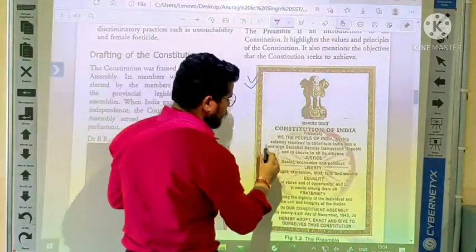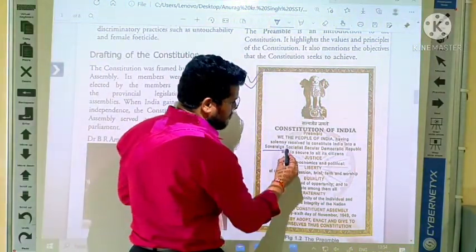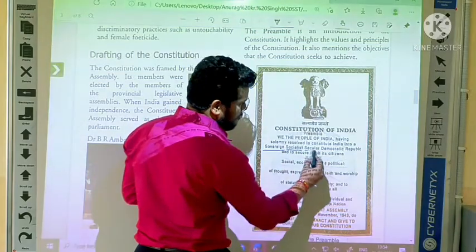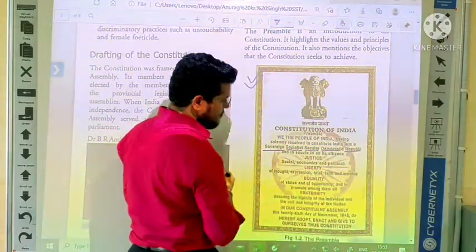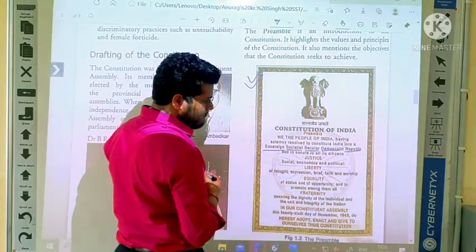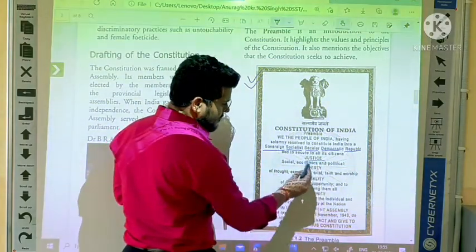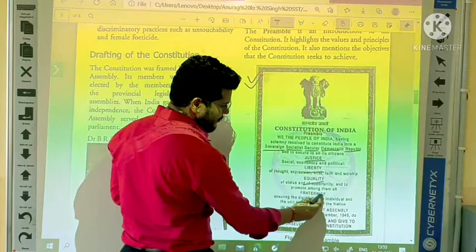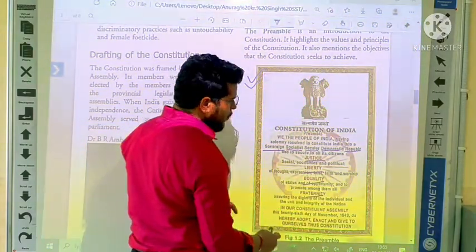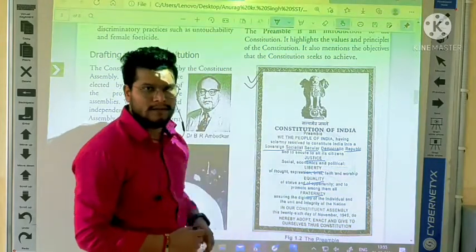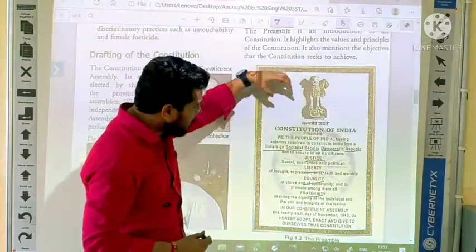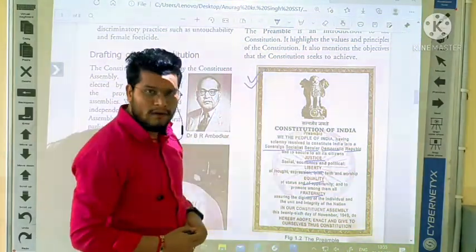For example, sovereignty, socialist, secular, democratic, republic. Okay, justice, liberty, equality, fraternity. So we will go through these words and understand the meaning of these words. Okay, students?